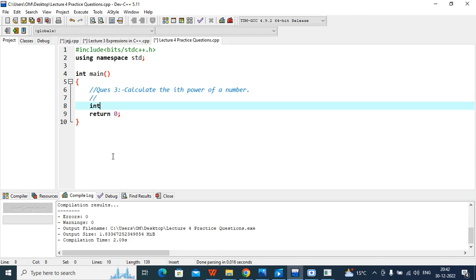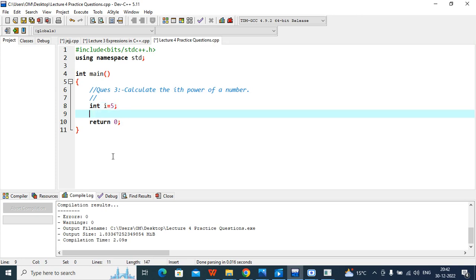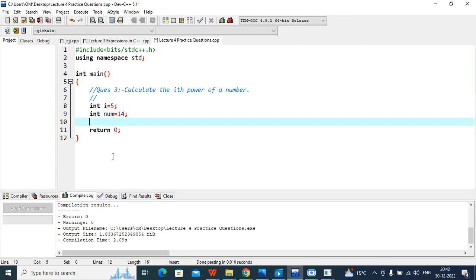Suppose if I am giving you int i, that is the ith power, as 5, and suppose I am giving you num as 14, let's say 14, right? So how will you calculate the fifth power of 14? Like, do you multiply 14 into 14 into 14 into 14 into 14? Will you multiply 14 5 times?